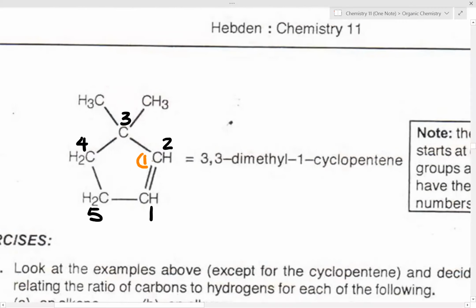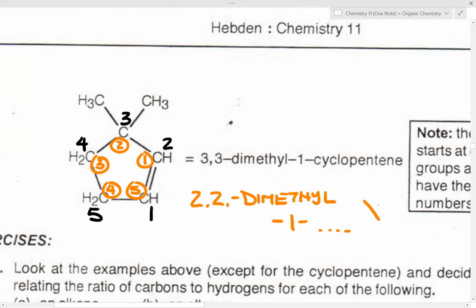Why doesn't it go 1, 2, 3, 4, 5 the other way? Why isn't it 2,2-dimethyl-1-cyclopentene? Why is this wrong?